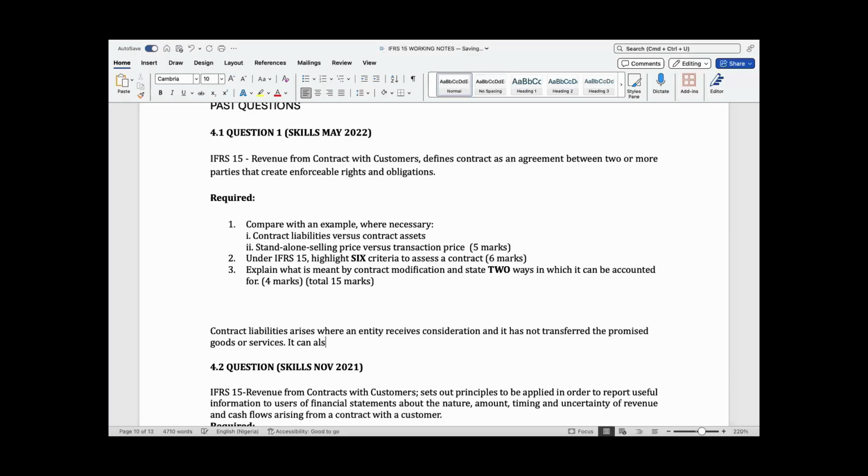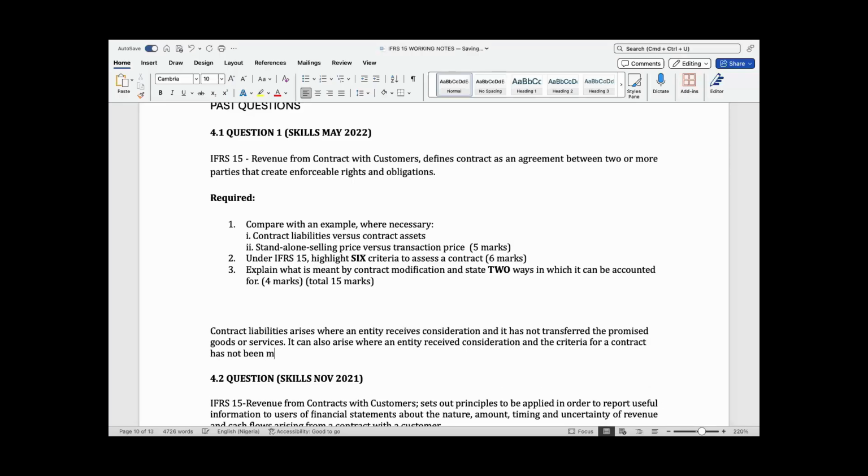It can also arise where an entity receives consideration and the criteria for a contract have not been met. So that's contract liabilities.